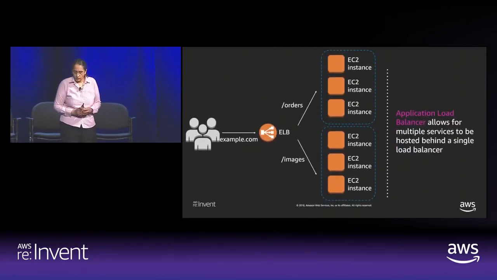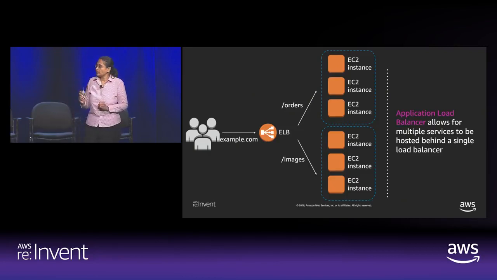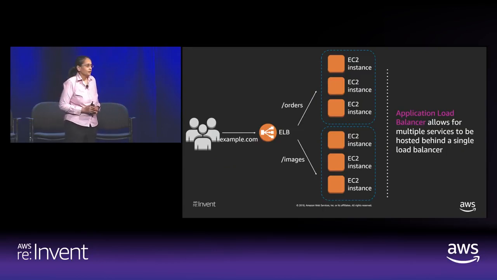With content-based routing, you can do this with a single load balancer. Both the applications are hosted behind the load balancer, and you set up a rule saying, if my path is /orders, forward it to this target group. If it is /images, forward it to this other target group. Right? So with this, your manageability becomes much simpler.